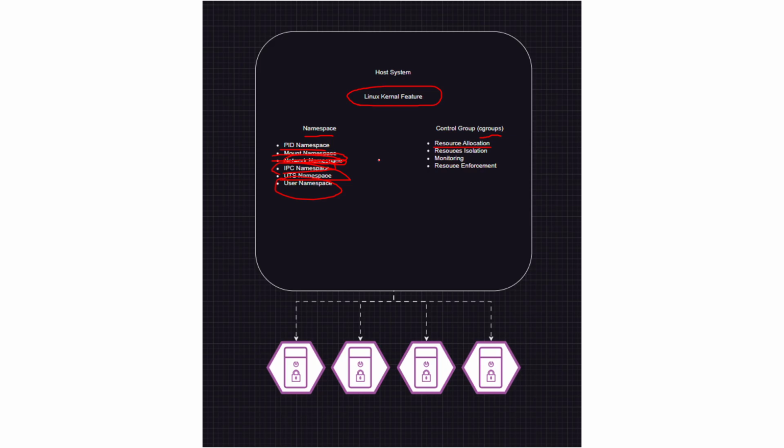In terms of CPU, cgroups allows you to allocate and control the CPU resources for a group of processes. It provides features like CPU quota, limits, and real-time scheduling for process groups. In terms of memory, cgroups manages the memory utilization of processes in a group.